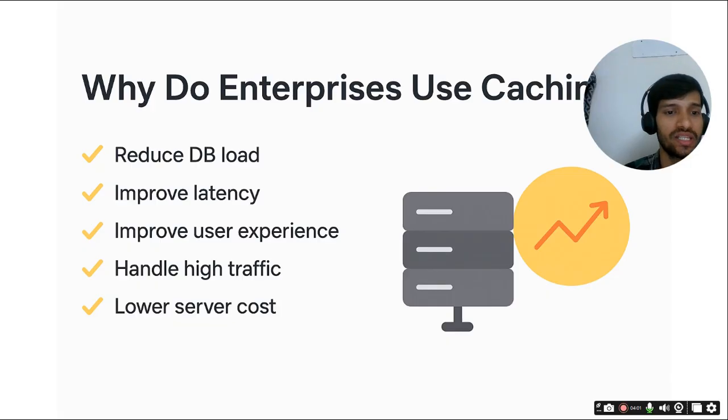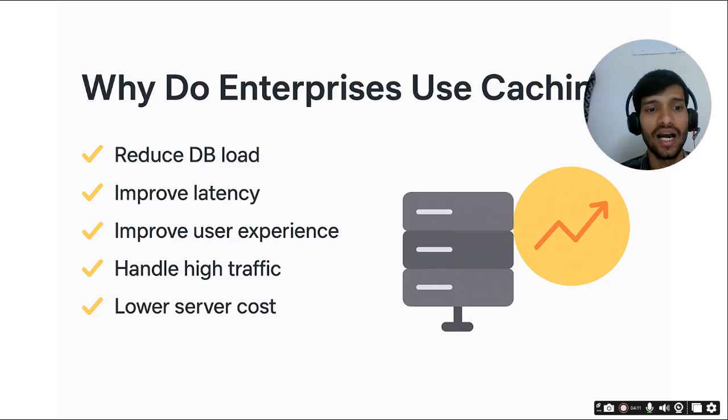He will remember and answer within a second. That is exactly how enterprise applications use caching. It is mainly used to reduce the load on the database, remove latency, decrease the server cost, and decrease the response times.